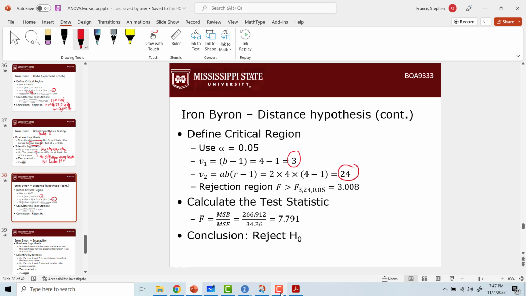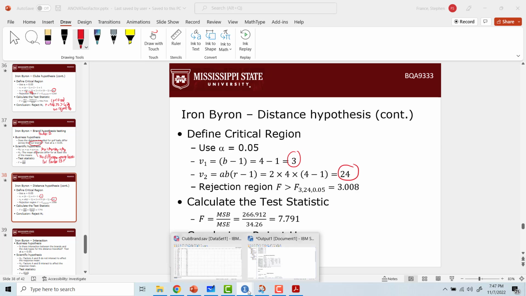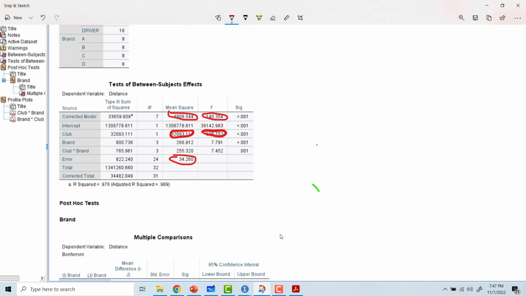And the F statistic is going to be this one divided by the error, 7.791. Again, P is less than 0.01.